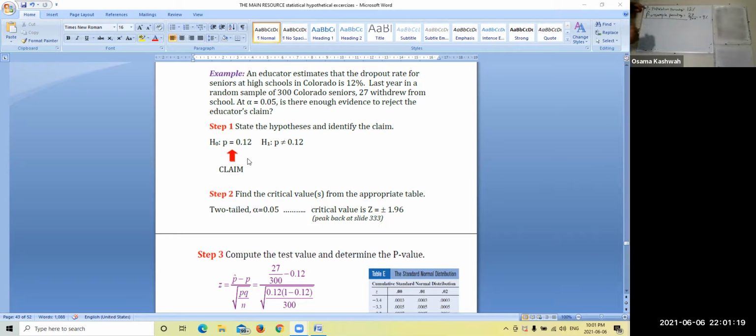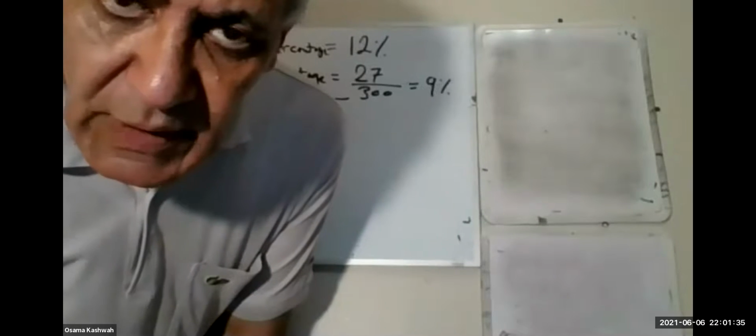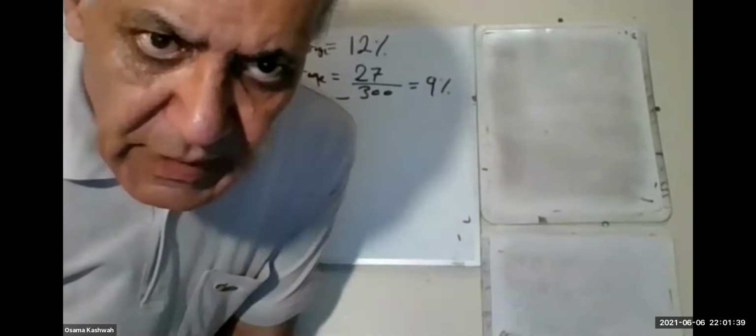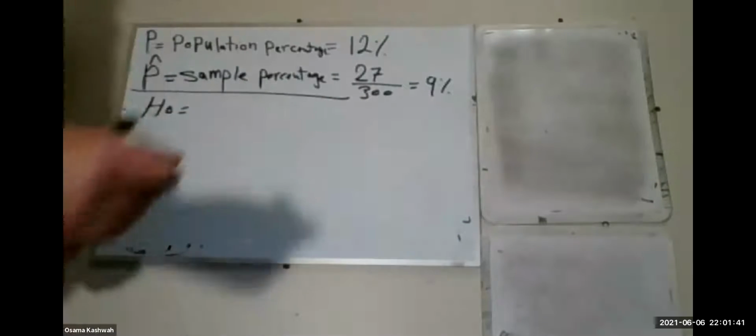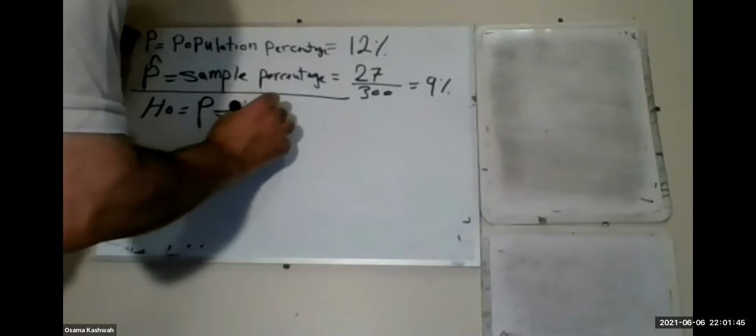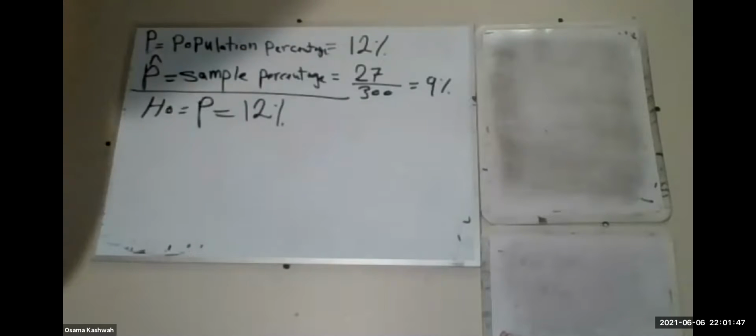First, we will formulate our own hypothesis. H0: P will equal 12%. He's not sure about this.